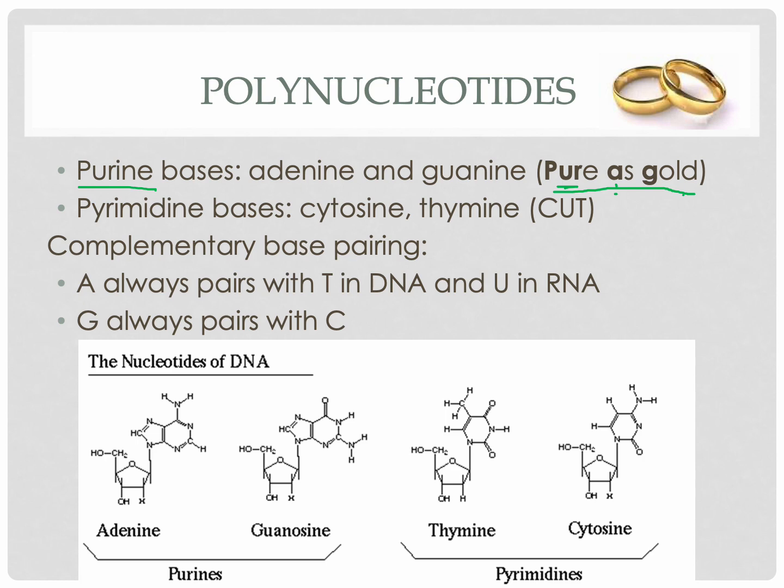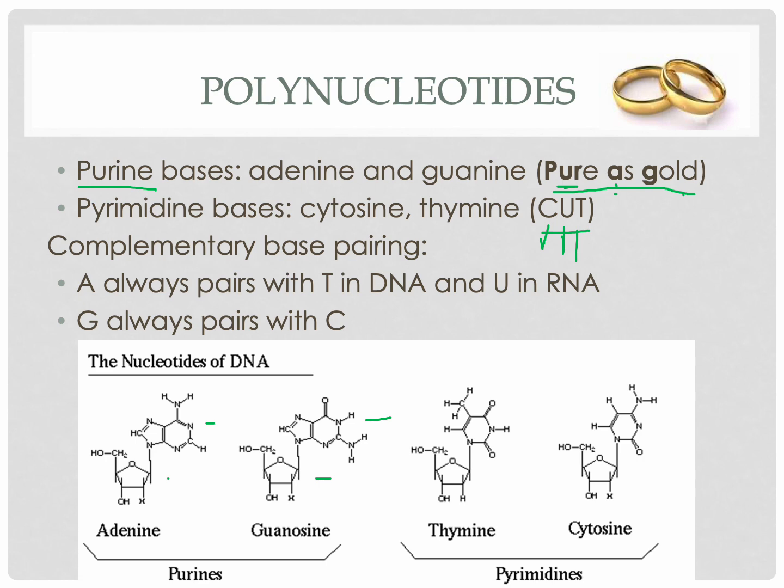The pyrimidine bases are going to be cytosine, thymine, as well as uracil. That's where the saying CUT comes from, meaning your cytosine, uracil, and thymine. Remember, purines are going to have two rings. If you look down, you see there's one ring here and then a second ring.